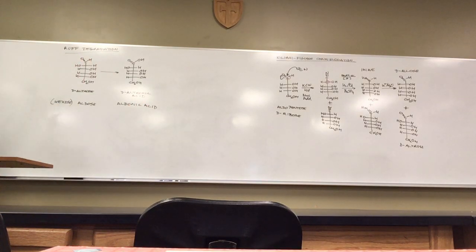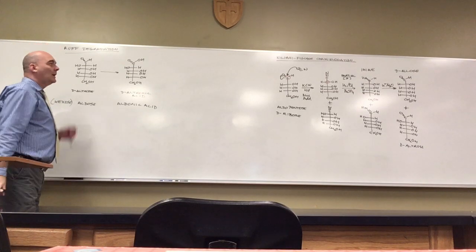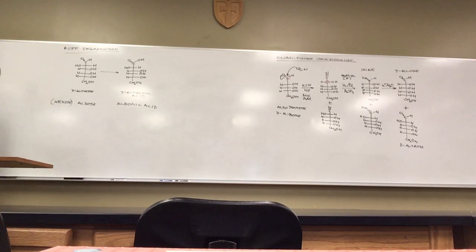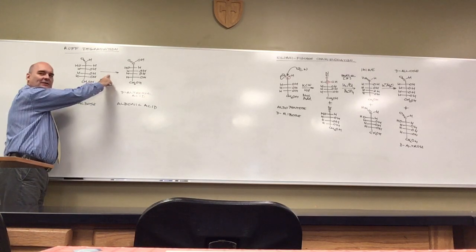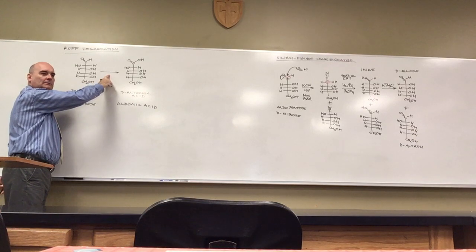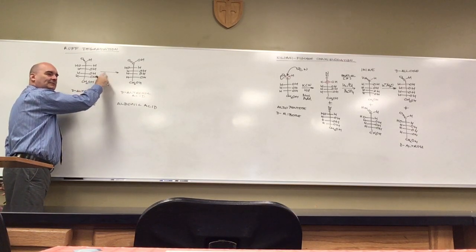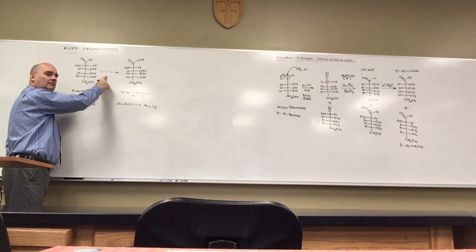We hinted at but didn't show it, that carboxylic acids can be decarboxylated. We can actually take off a carbon dioxide and make it flow away. What would be our reagent in here for this first step? Aldose to aldonic acid. Potassium permanganate?